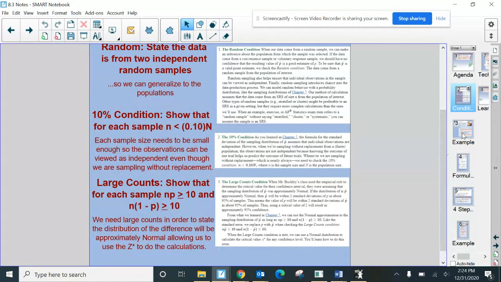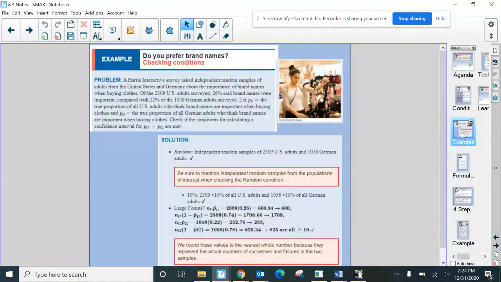Okay, so let's take a look at an example of checking the conditions. So, do you prefer brand names? A Harris Interactive survey asked independent random samples of adults from the United States and Germany about the importance of brand names when buying clothes. Of the 2,309 U.S. adults surveyed, 26% said brand names were important, compared with 22% of the 1,058 German adults surveyed.